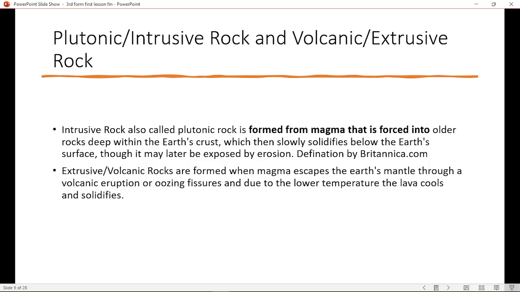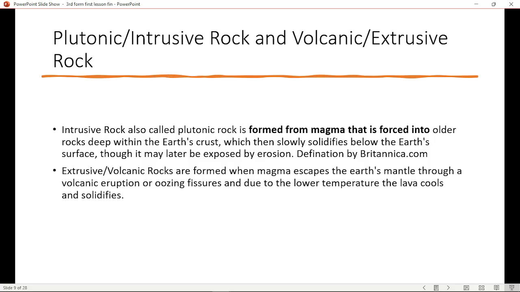extrusive volcanic rocks. These are formed when magma escapes the Earth's mantle through a volcanic eruption or oozing fissures, and due to the low temperature, the lava cools and solidifies. So, when volcanoes erupt, that magma, now lava, will cool and turn into rocks.